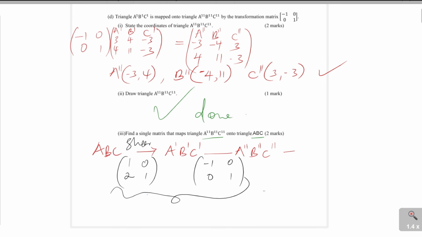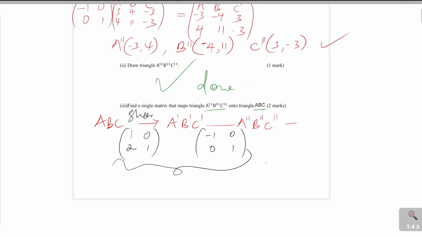Because this is shear followed by the other transformation, this is how we get the single matrix for successive transformation. We take the second one, which is negative 1 0 0 1, and then we multiply by 1 2 0 1, like that.